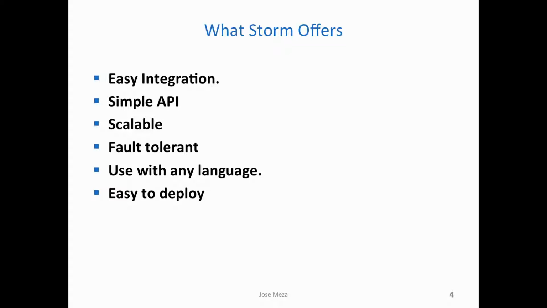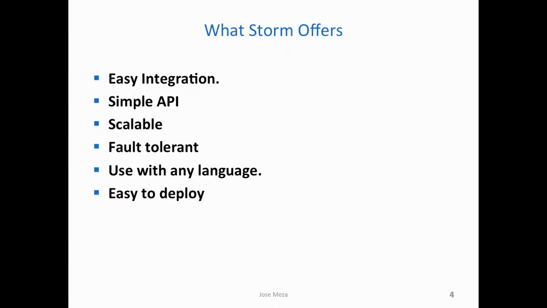What does Storm have to offer? Storm has to offer easy integration. By that, it means that all you need is a data source for the streaming data, whether it could be a queue, a constant feed of Twitter tweets, or an existing database. The API is very simple to work with, very simple to deploy. As you'll see in the next slide, I'll go into the different components of the API.